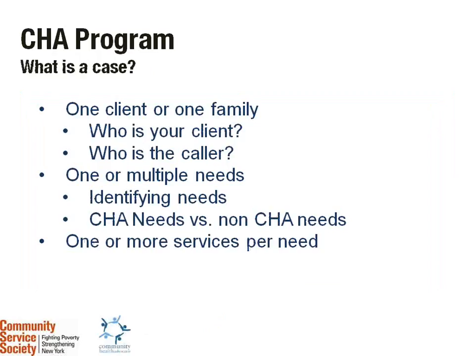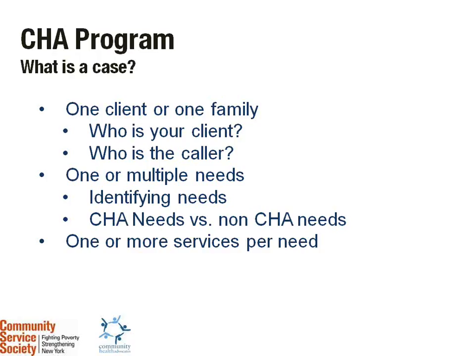So what is a case for CHA? It's one client or one family. The one thing you want to determine right away is who is your client and who is the caller. A lot of times someone's calling on behalf of someone else. A parent is calling on behalf of their child. The child is calling on behalf of their parents that they care for. It could be any number of scenarios like that.